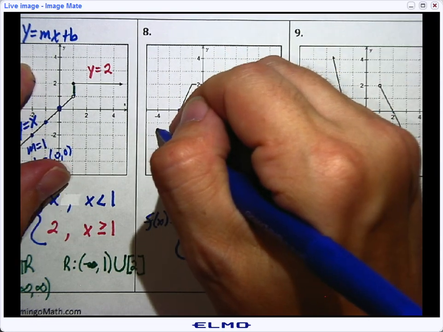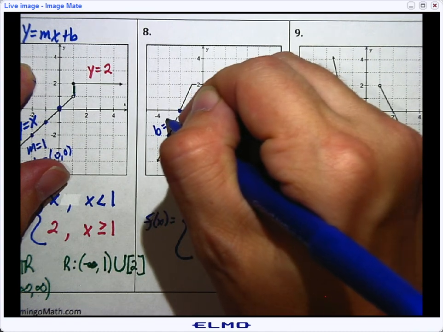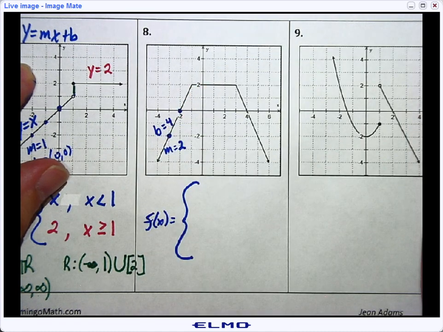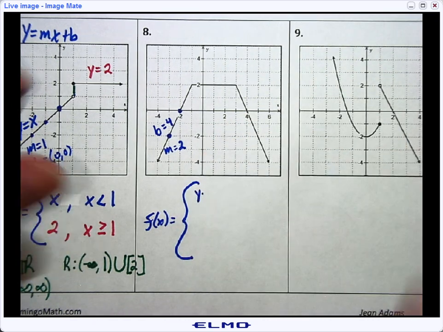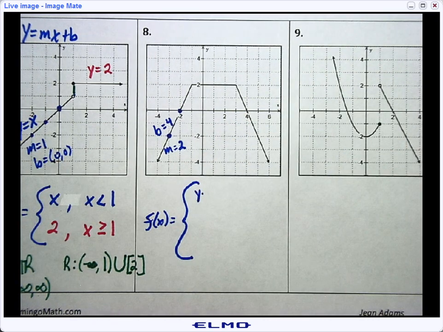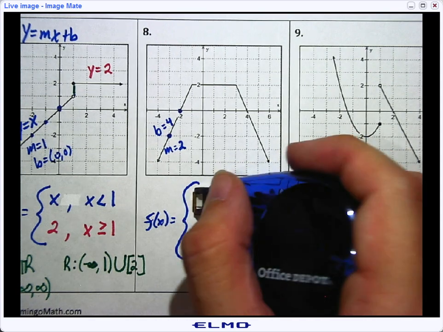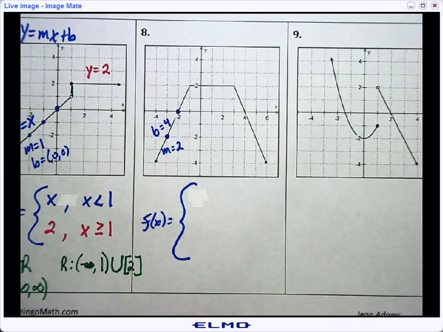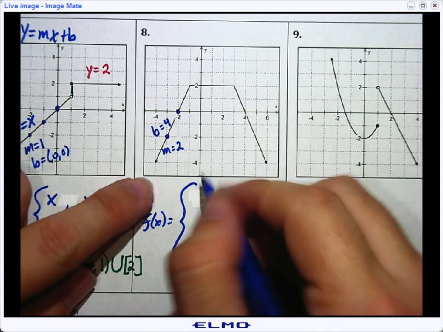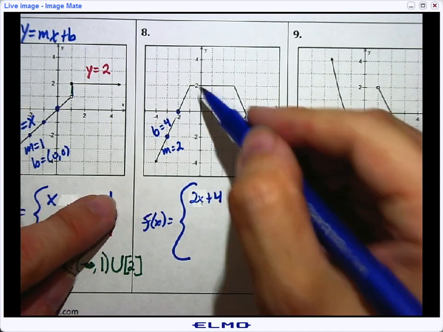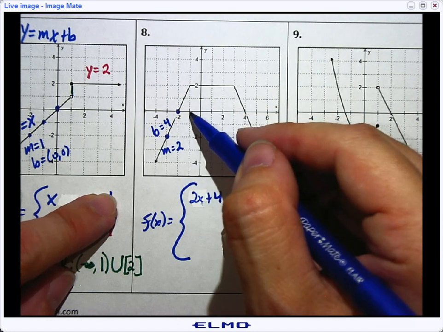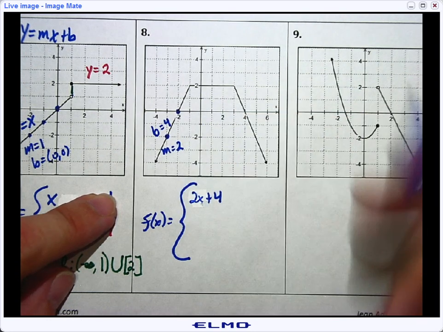So it's going to have a y-intercept, or the b is going to be 4. So my equation of this line is, nope, don't put the y equals, I forgot about that, because the f of x takes care of my y. It's just 2x plus 4. And I'm on this line so long as my x is less than negative 1.